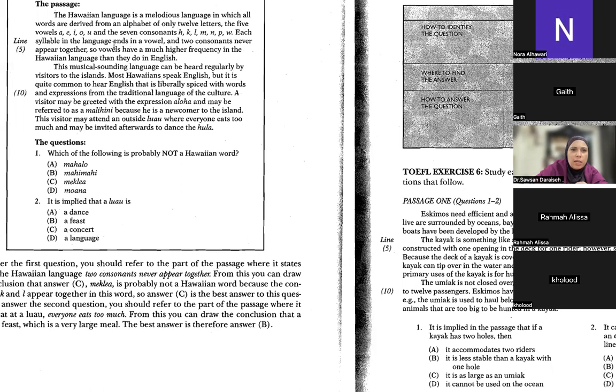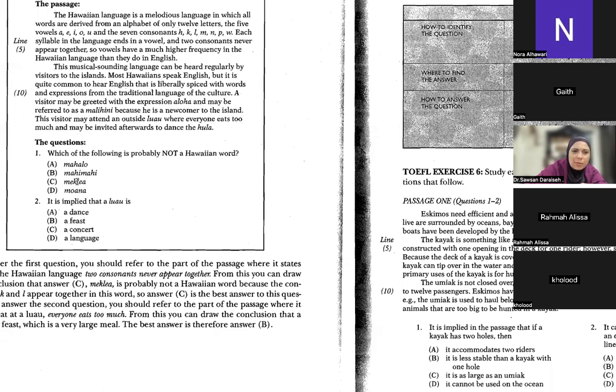Each syllable in the language ends in a vowel. So the syllable ma ends in a vowel: mahi, maha, moa. These are syllables.